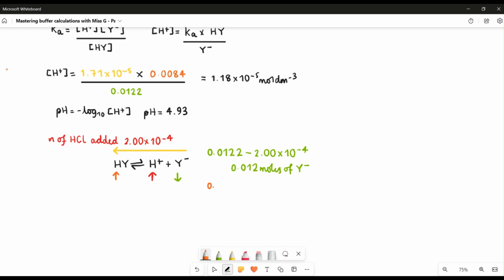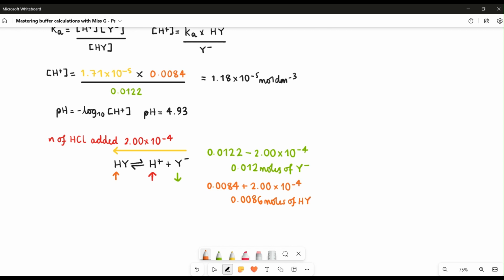So the original moles of the weak acid was 0.0084, and this time I'm going to add to that the moles of the HCl that was added, which gives me 0.0086 moles of HY.